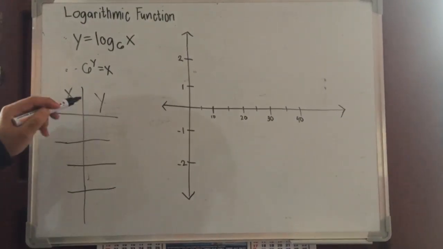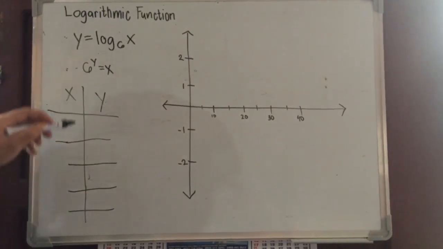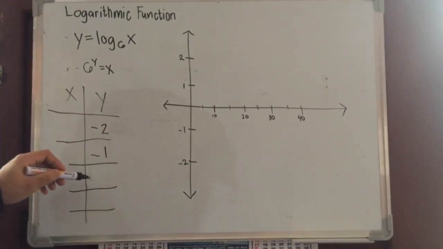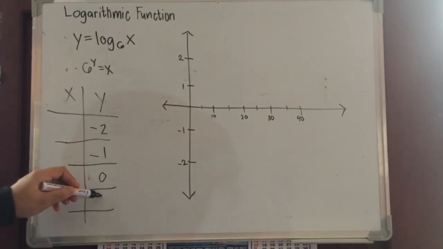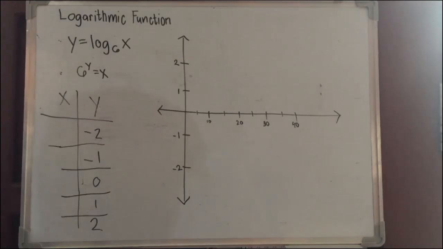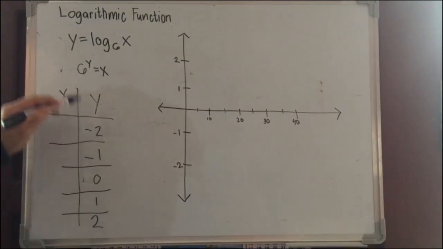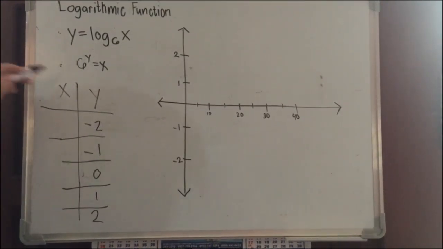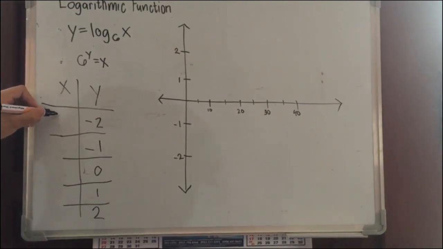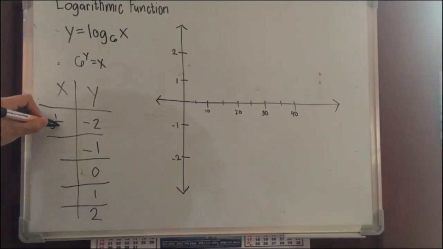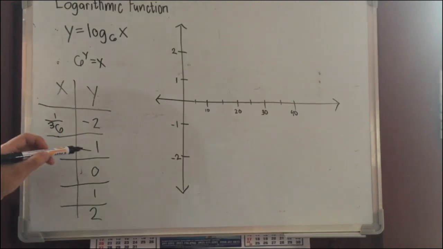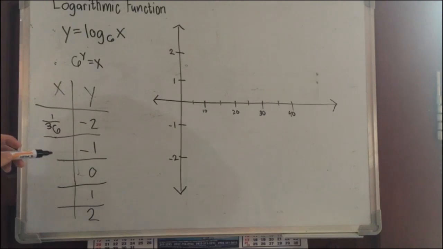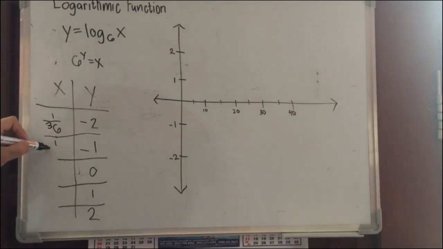So let's say, for example, -2, -1, 0, 1, and 2. Let's substitute the value of y into this equation. So 6 to the power of -2 is equal to 1 over 36. And 6 to the power of -1 is 1 over 6.